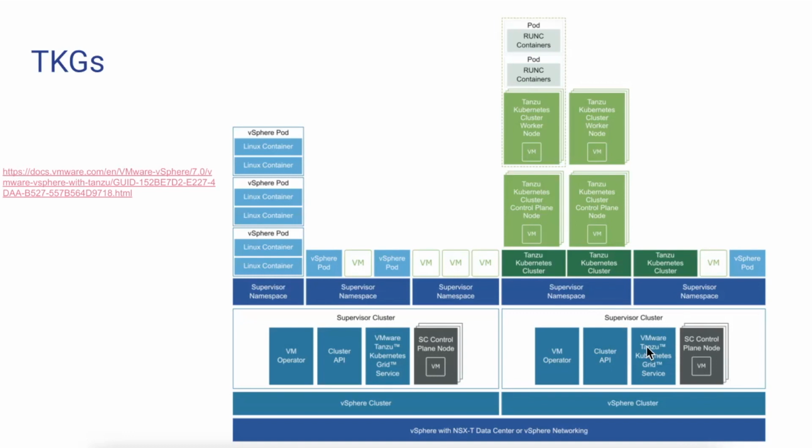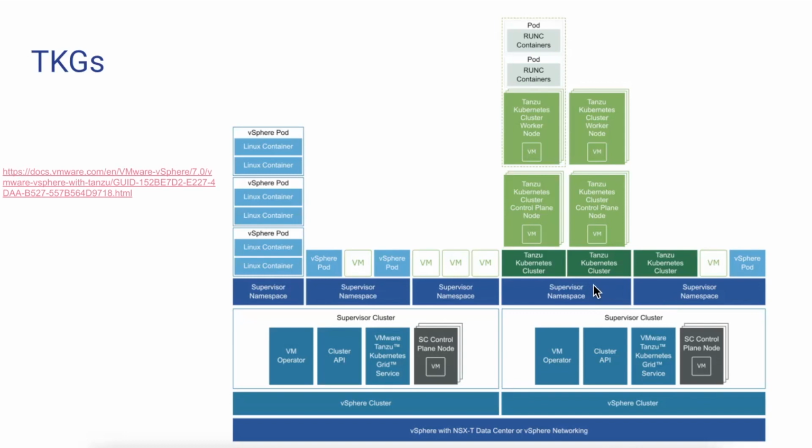Now, once supervisor cluster is set up, you can create a supervisor namespace. Remember, this is different from a Kubernetes namespace. Supervisor namespace can be created on vCenter UI, so you can right click and create supervisor namespace. But you can only do that once the supervisor cluster under workload management is enabled.